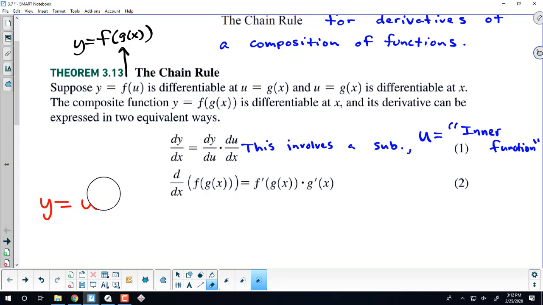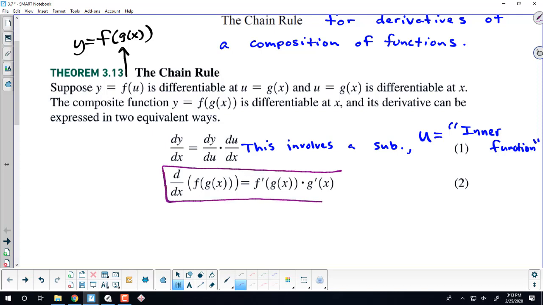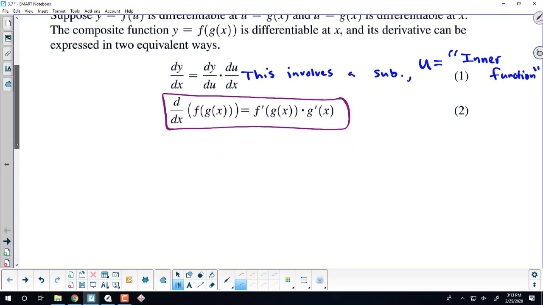The second version just says that in order to take the derivative of a composition, we take the derivative of f. Notice in this first factor, the derivative of f with g still on the inside. All we've done is take the derivative of the outer function, left the inside function alone, and then multiplied all of that by the derivative of the inside. So I guess we could write that out in words.